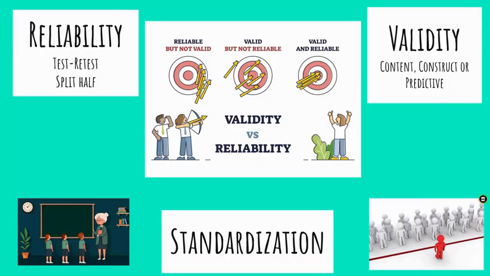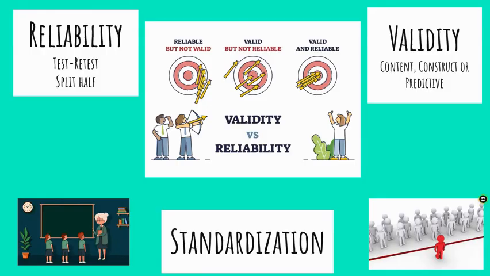It also creates a scoring system. So it looks at how we can take your score and compare it to a larger group of people that this test has already been given to. So the goal when you standardize a test is ensuring that the test is fair and consistent for everyone who's taking it. So before you even give the test, you need to standardize it first.